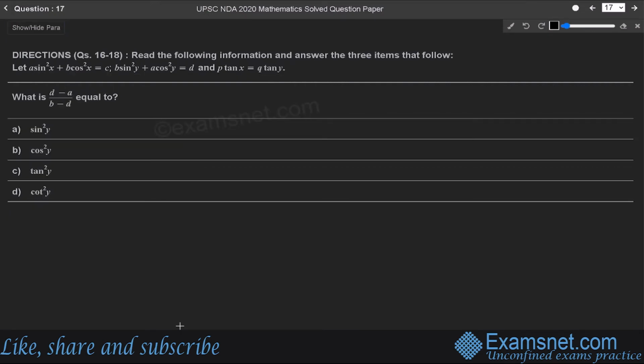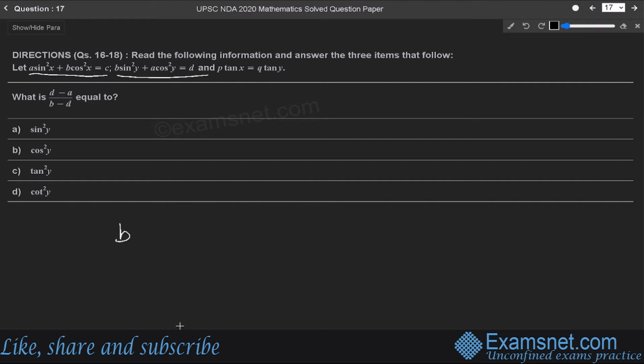Next question is, here the directions are the same as the previous question. In this question we have to find what d minus a upon b minus d is equal to. In the last question we used the first equation. Now let us use the second equation.